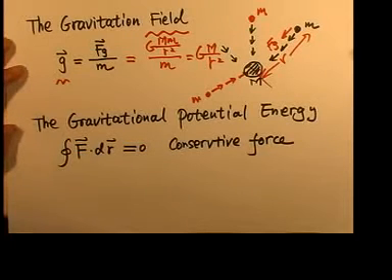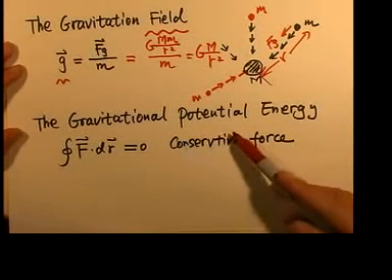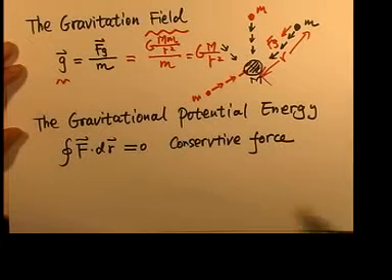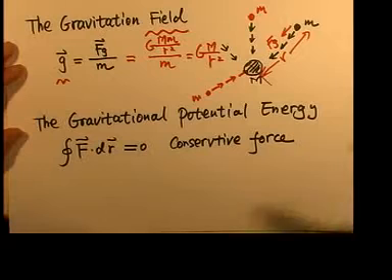However, the very useful thing mathematically that we're going to learn next is gravitational potential energy. Now, we learned from a previous chapter that a potential energy should connect to a conservative force.